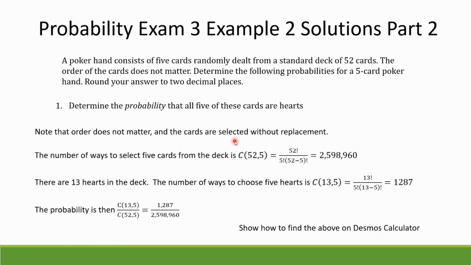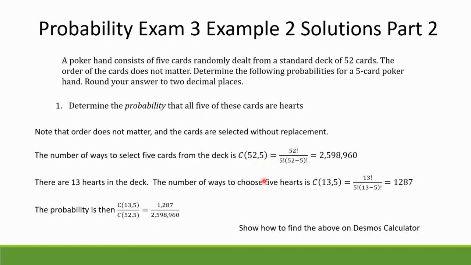Order doesn't matter, and selected without replacement. That's what this C of 52, 5 is. It's kind of like our sample space, basically. Of all the possible 5 card hands you can get, you want to know how likely it is that you're going to get all hearts.